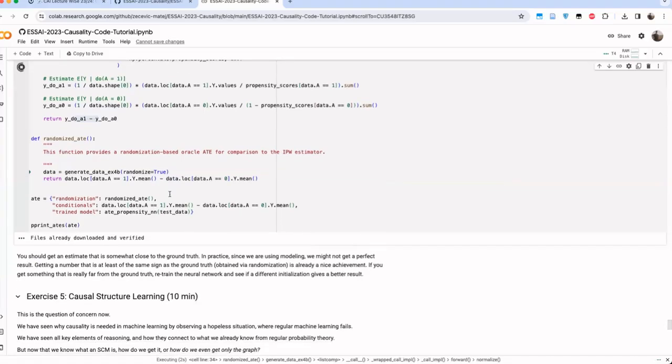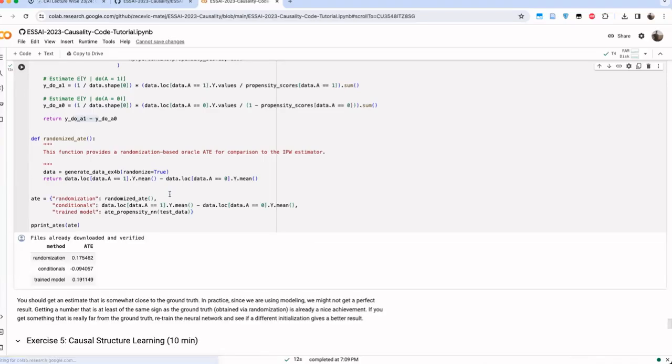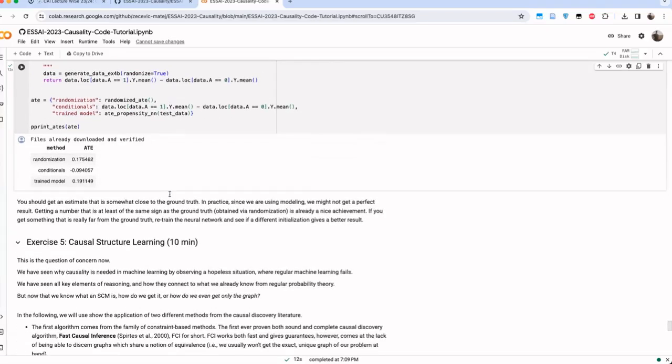So let's just run this. This takes a little bit more time because obviously we are using the CNN under the hood to predict images, but still it's super quick. And as you can see, if we had randomized the treatment, this would have been the true causal effect. So this is a gold standard.